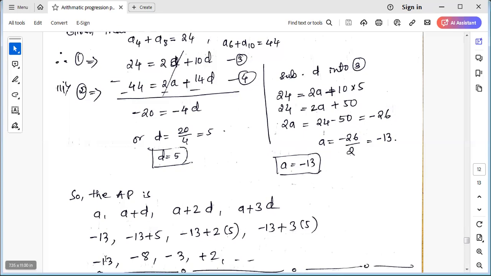So this is equal to minus 13, you write as it is, and minus 13 plus 5 is minus 8, and 2 into 5 is 10. 10 plus minus 13 is minus 3, and it is 15. 15 minus 13 is plus 2. So we obtain the terms of the given arithmetic progression.